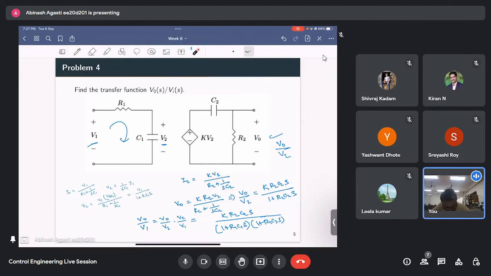Now what do we want to find out? We want to find out V0. So this is I2, V0 is what? I2 R2, correct? So V0 is I2 into R2. So now from this we can obtain V0 by V2, which is this one. Then this calculation is straightforward. Is that clear?